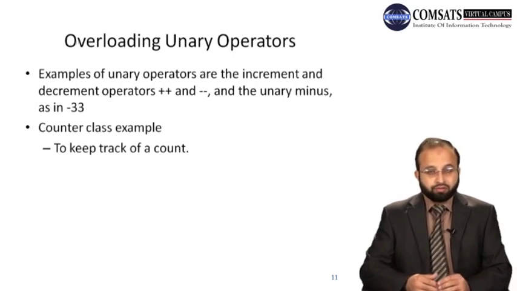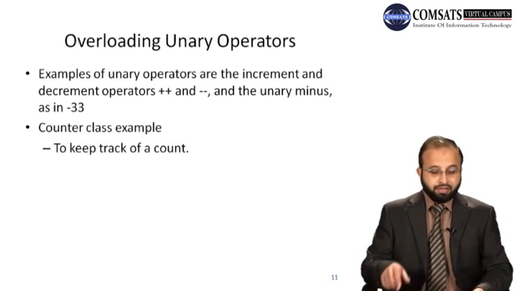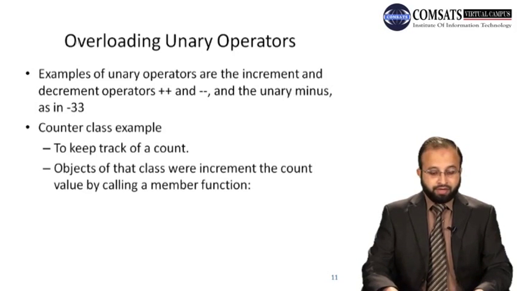It is used to create an object to count the occurrence of some event, and it has only one private data member, that is unsigned int count. So an object of that class would increment the count value by calling the member function, and that member function is c1 dot increment count.